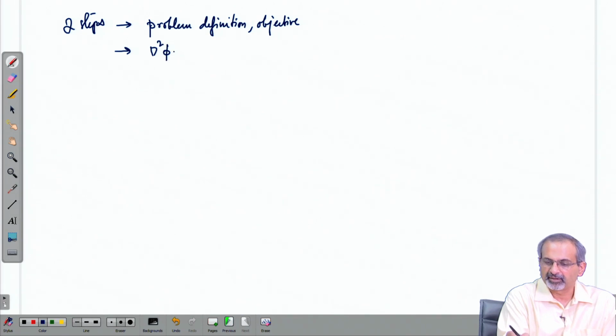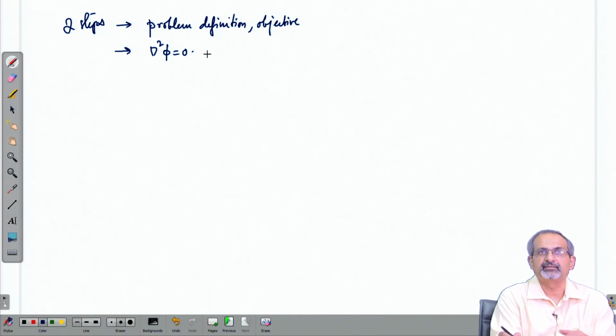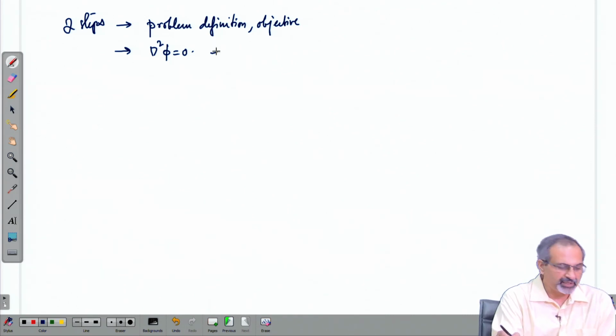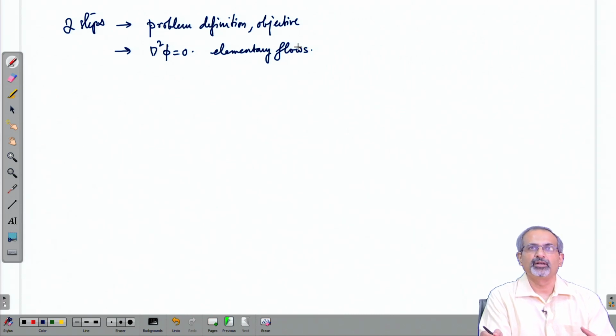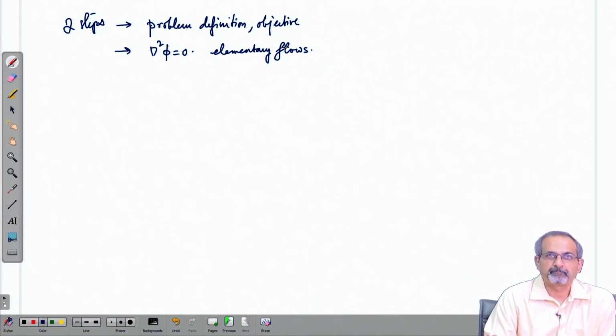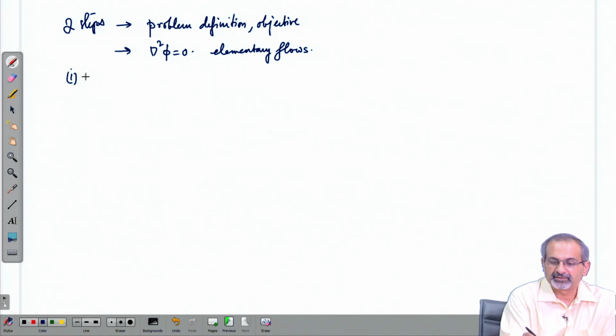It will basically be the Laplace equation that we will solve, and we will not solve it directly by discretizing the equation as it is, but rather we will make use of some of the elementary flows and combine them, so that we can simulate the effect of flow past an airfoil which has an arbitrary shape. And once we cross these two steps, we go into the core part of the CFD activity. So, as we said, the third step was the first step of the CFD activity, that is discretization.